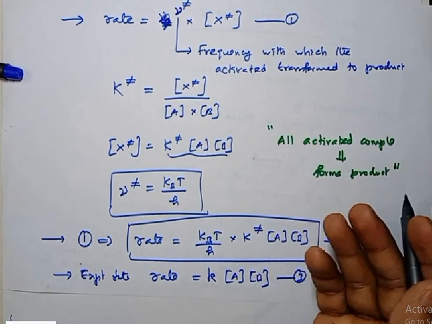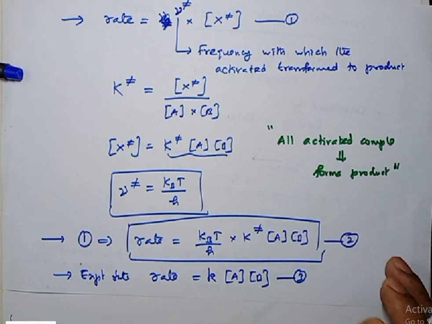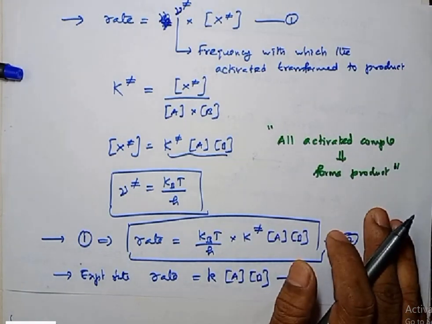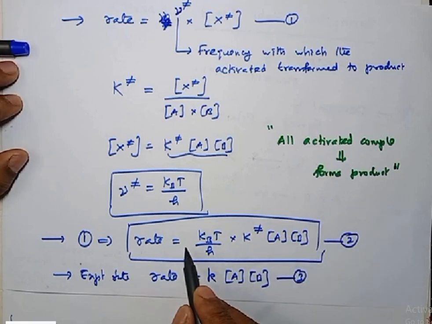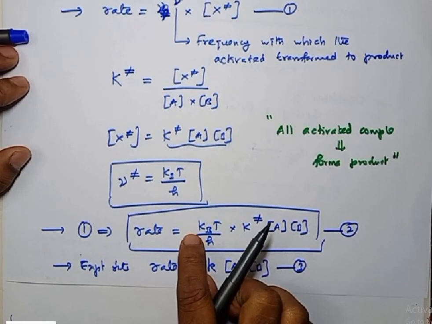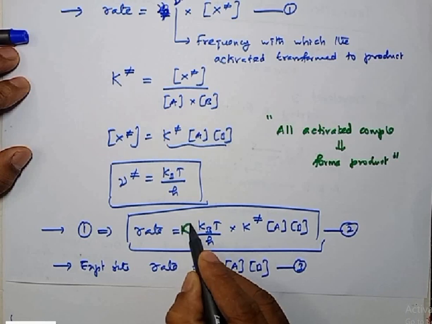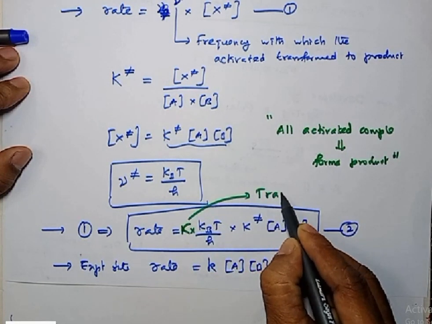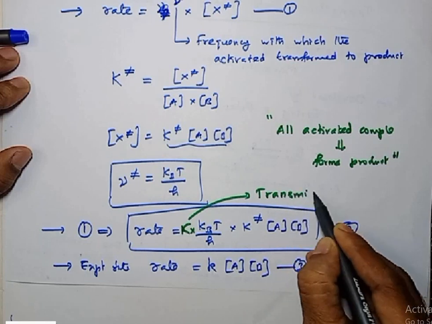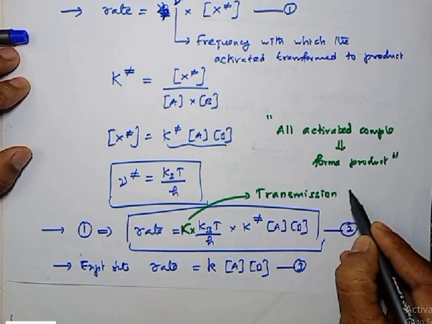It is not necessary that all activated complex forms product. Are you able to follow? Right, so we need to introduce one more term here called kappa. What is this kappa? This kappa is called the transmission coefficient. Take note, kappa is called the transmission coefficient.